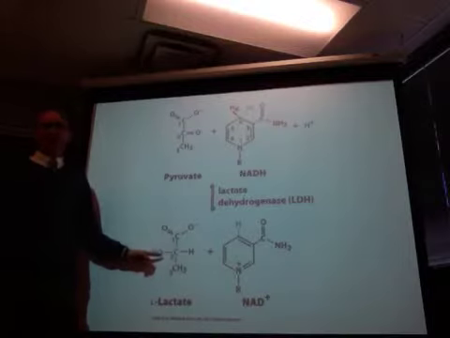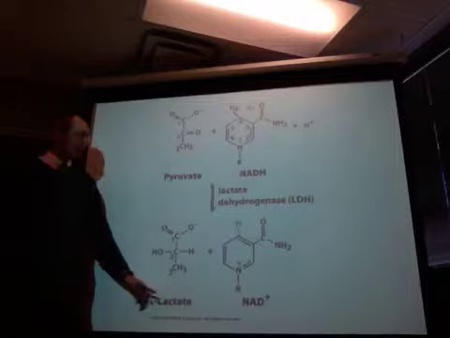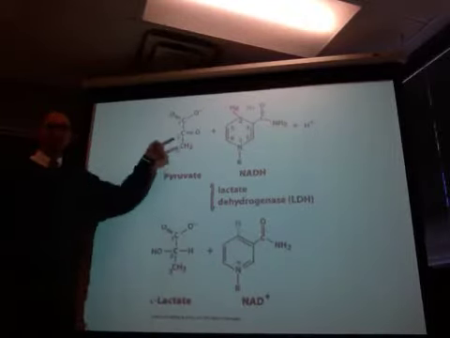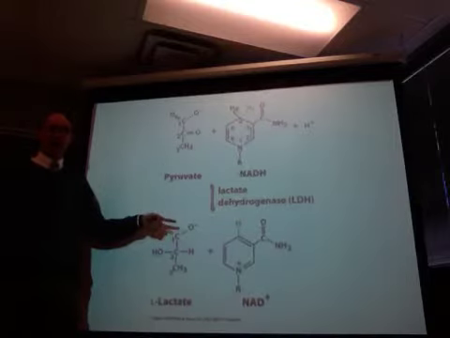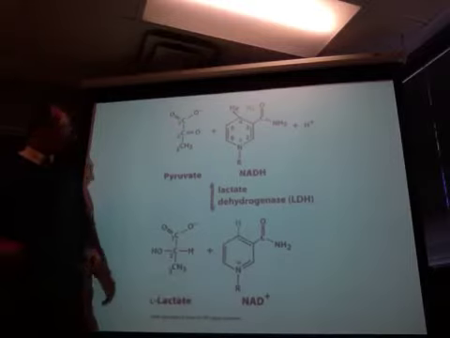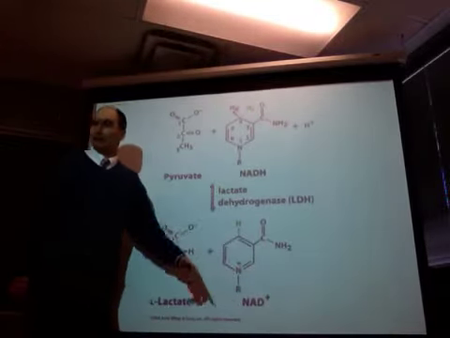I know I'm dating myself. Is the buildup of lactic acid, because as product builds up, what happens to the efficiency of this reaction? It decreases. And so as lactate builds up, the ability to convert the NADH to the NAD decreases.